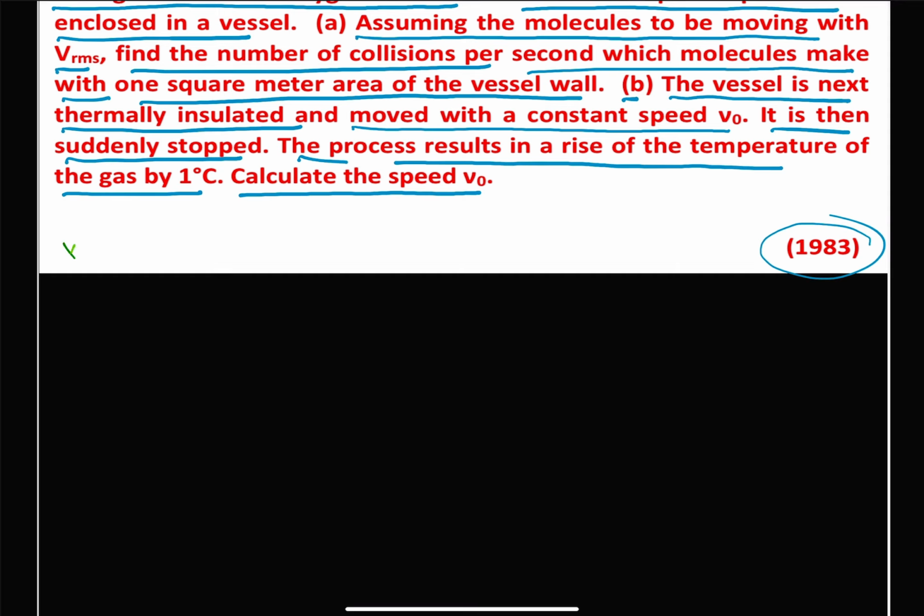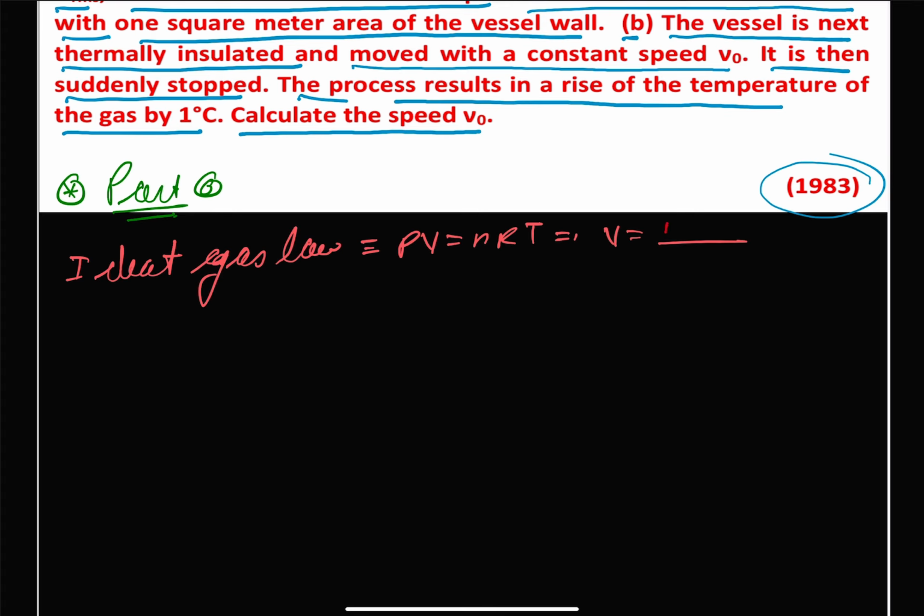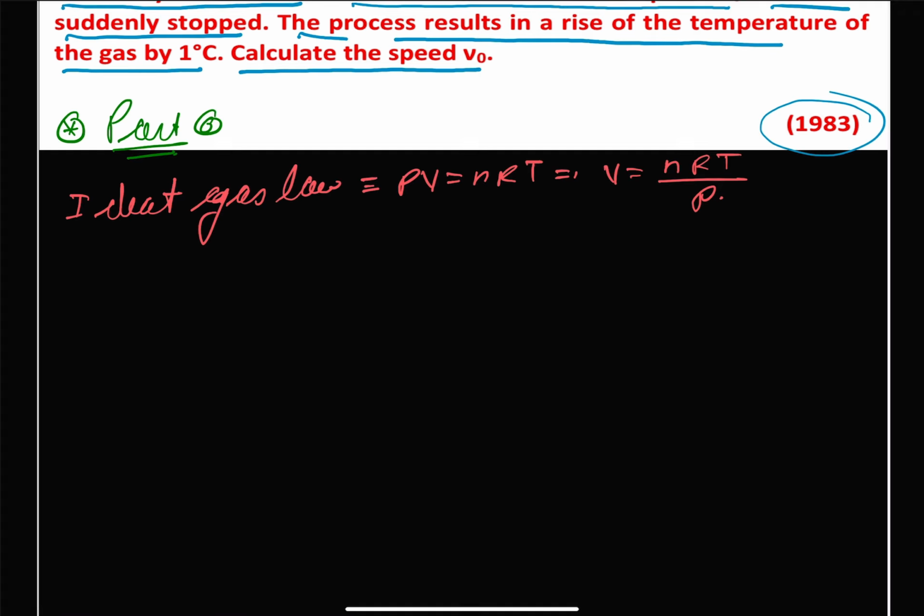For part A, we are going to use the ideal gas law, which gives us that PV is equal to nRT. From here we can say that the volume is equal to nRT divided by pressure, and all the parameters are known to us.